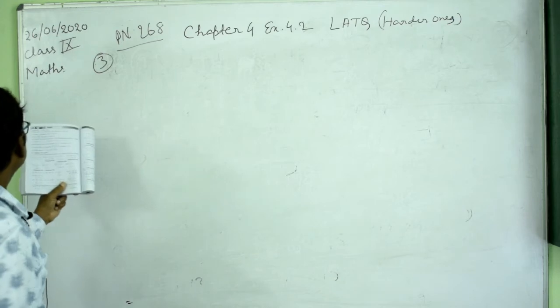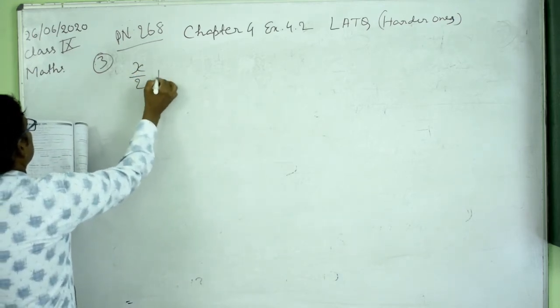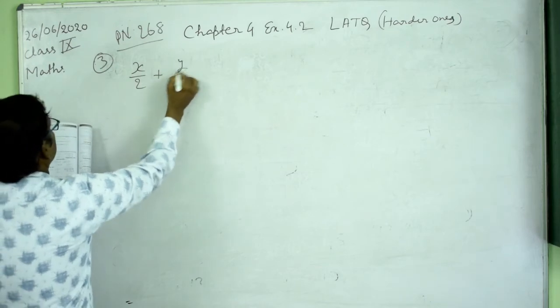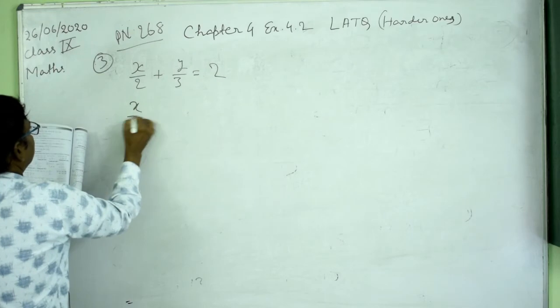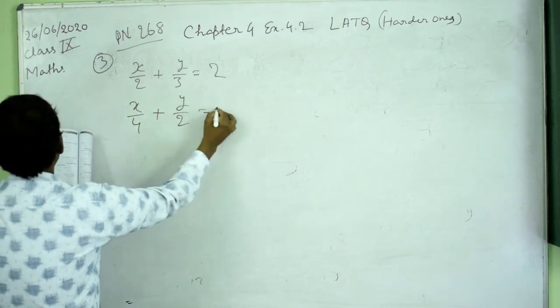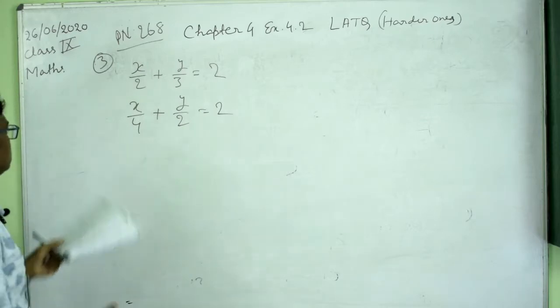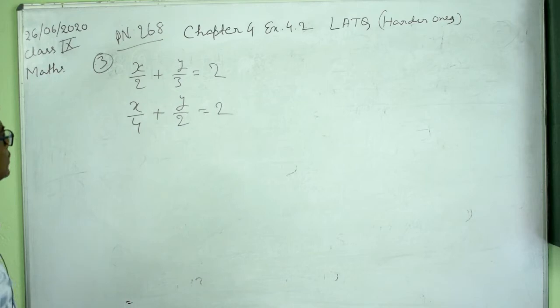So here x by 2 plus y by 3 equal to 2, and x by 4 plus y by 2 equal to 2. This is the question, and here there are two methods.